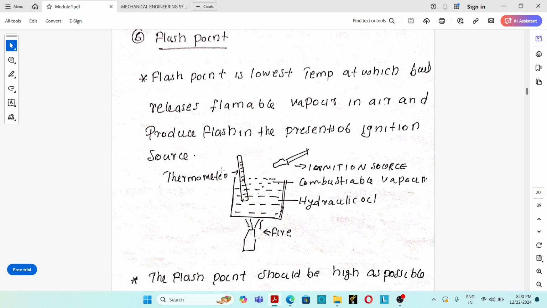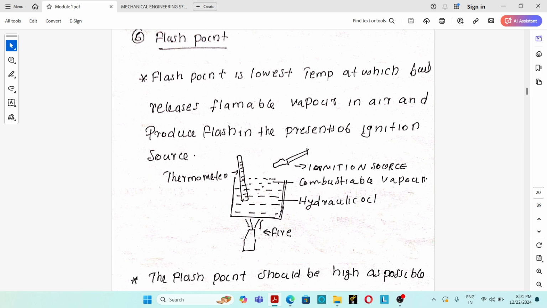Flash point is the lowest temperature at which fuel releases flammable vapor in air and produces a flash in the presence of an ignition source. For example, we take a certain amount of hydraulic oil in a jar and burn it by firing.